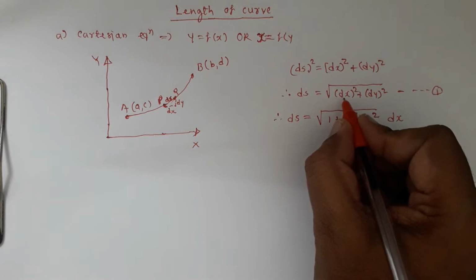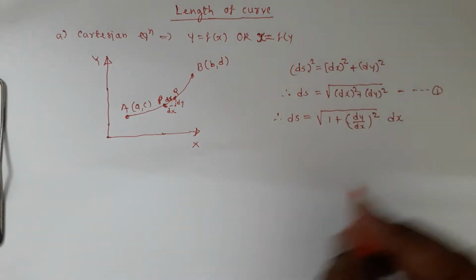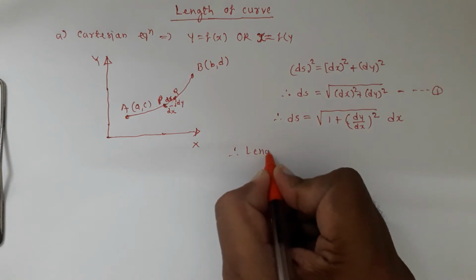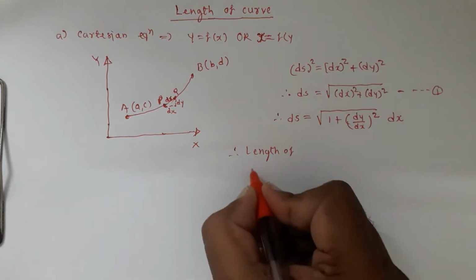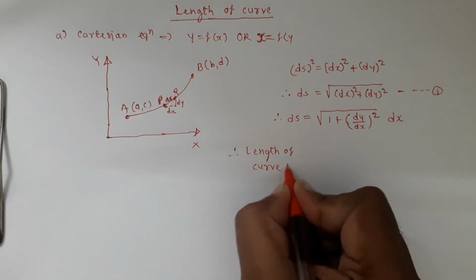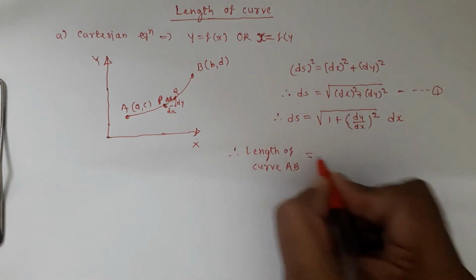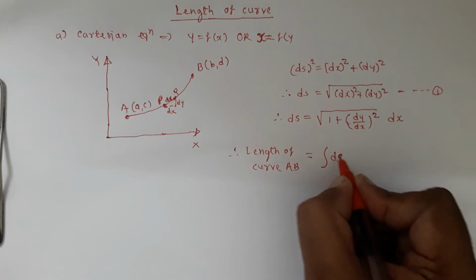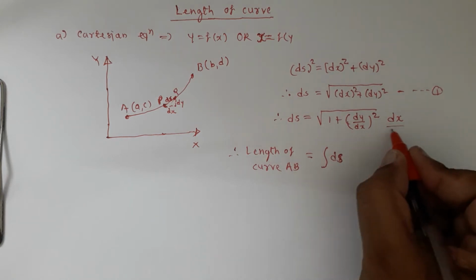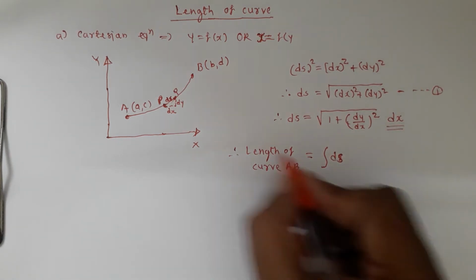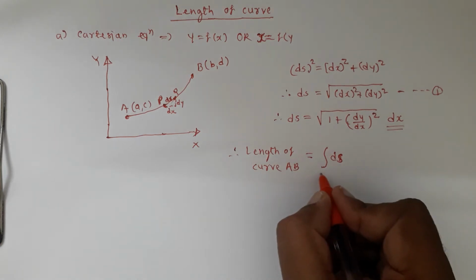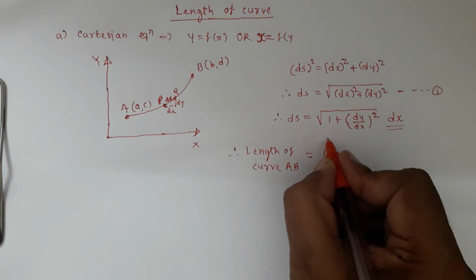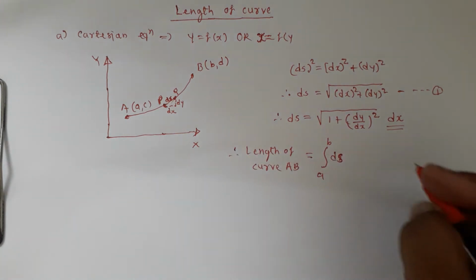Now this equation can be written like this: root of 1 plus dy by dx square into dx. I have just brought this dx outside the square root. And therefore length of curve AB is nothing but integration of ds in limits. As I am integrating it with respect to x, I will have to put the limits for x, and which will be a for point A and b for point B, because a and b are the abscissa of these 2 points.